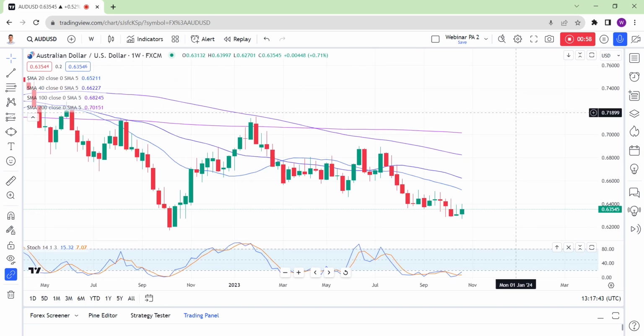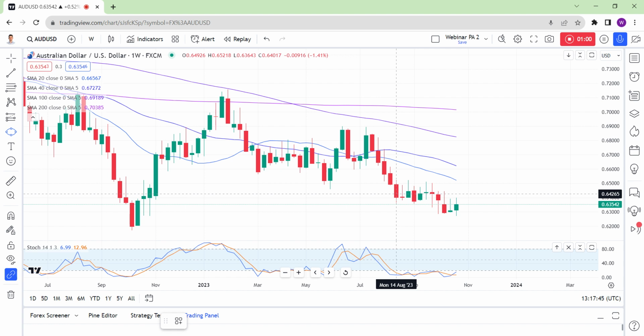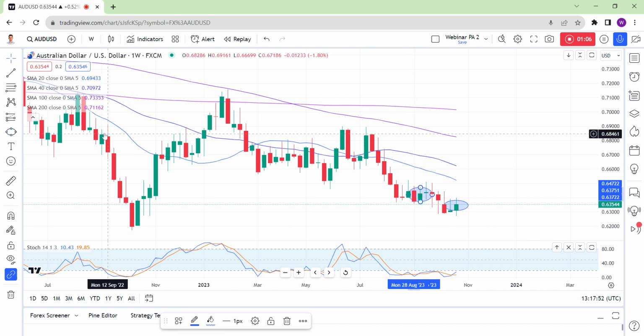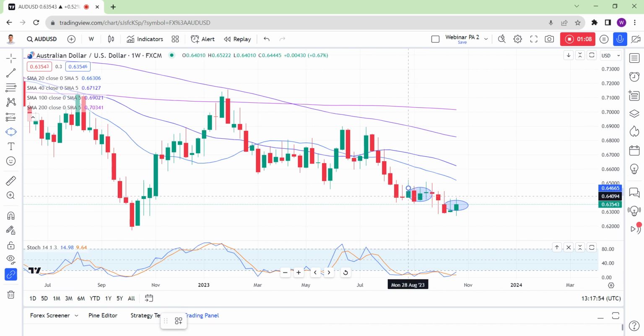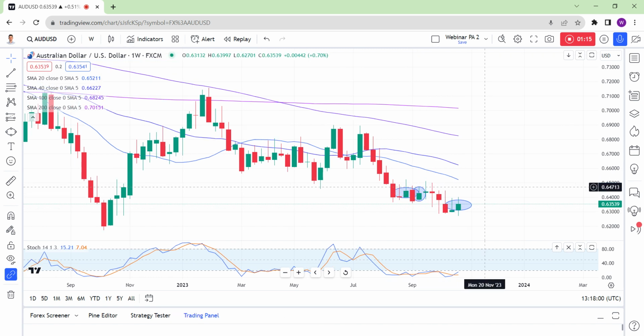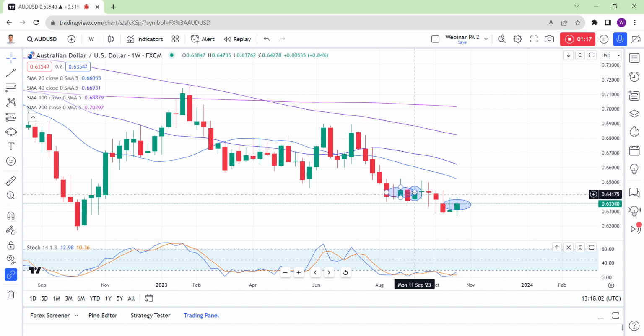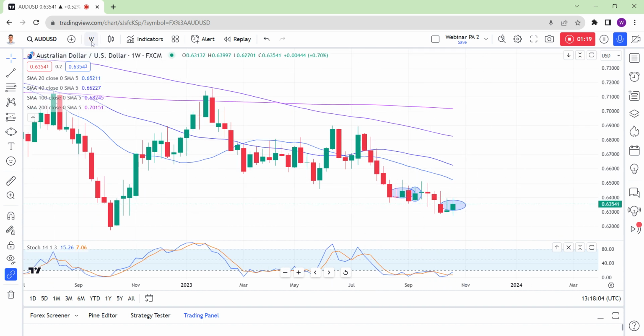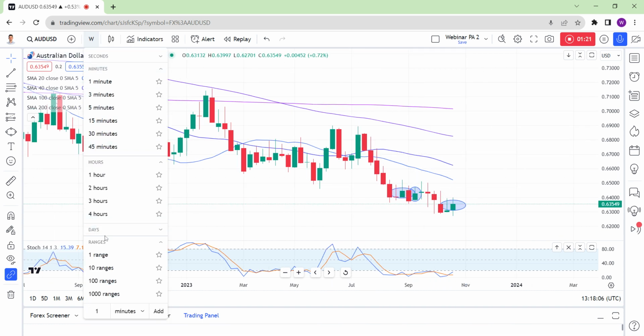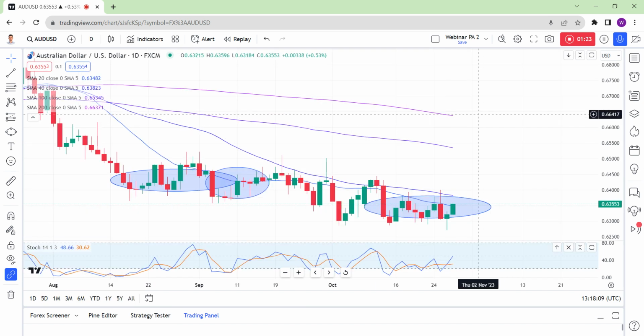But if you go on your weekly, you can see that the candle right now is immediately rejected. Now that's significant because if you look here, the exact same thing happened before. And this would have caused a lot of problems for a lot of people, because what they would have done is said, wow, this is entry confirmation, and have no idea what they're doing and get long, and the price falls again.